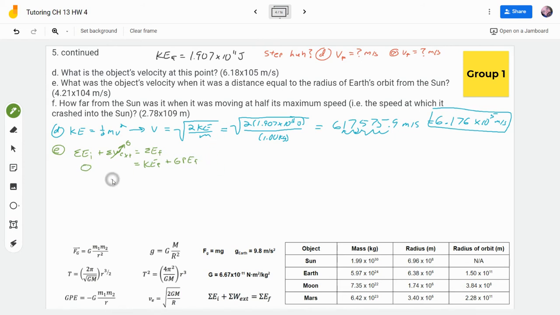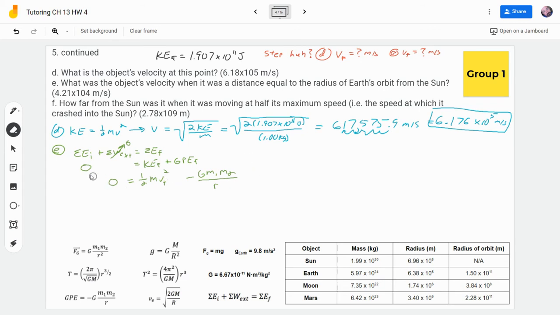All right, so 0 is equal to KE final, which is 1/2 m V final squared, plus GPE final. Remember, your formula for GPE has this negative there, so plus negative G M1 M2 over R. So plus negative just becomes minus.